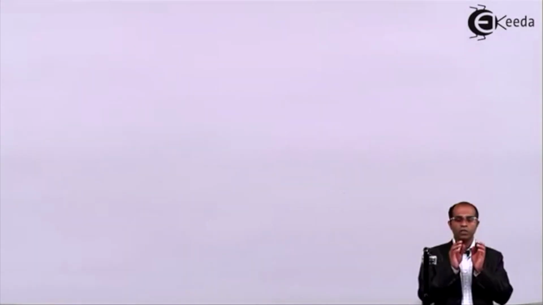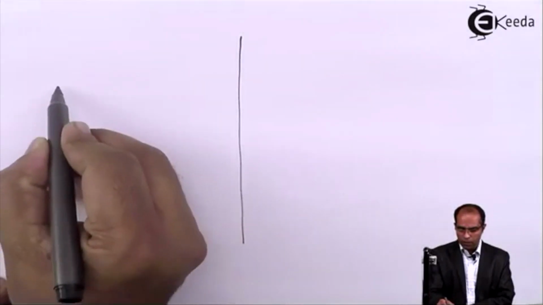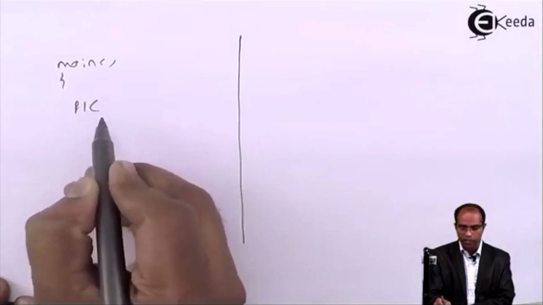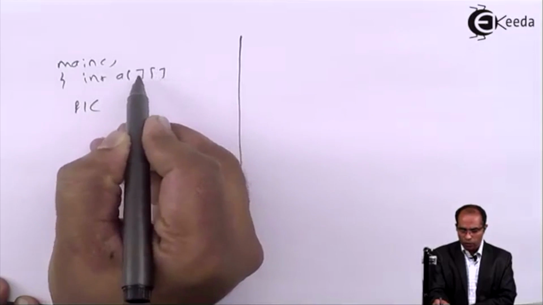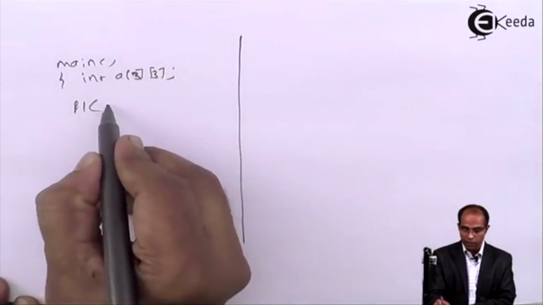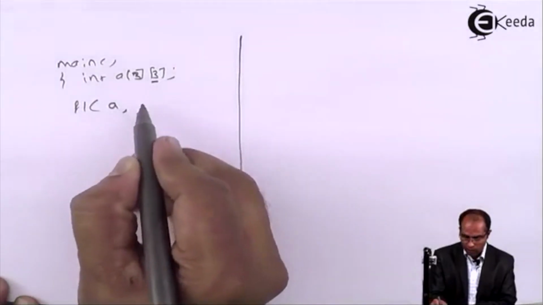Now to summarize this, let's put these contents one more time in a simple fashion. Suppose I have a main function and within this I call a function f1 which wants to pass a 2-dimensional array which has, say, 3 rows and 3 columns. In this case I have to pass a and then only the columns, that is 3.